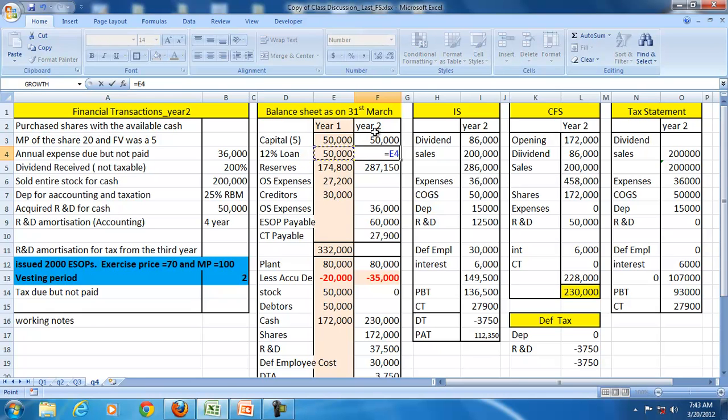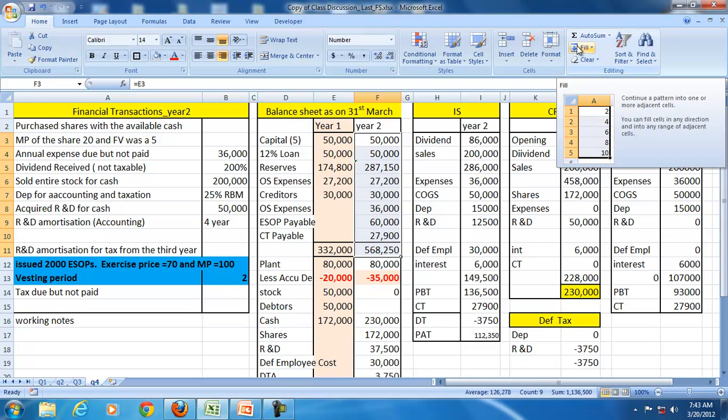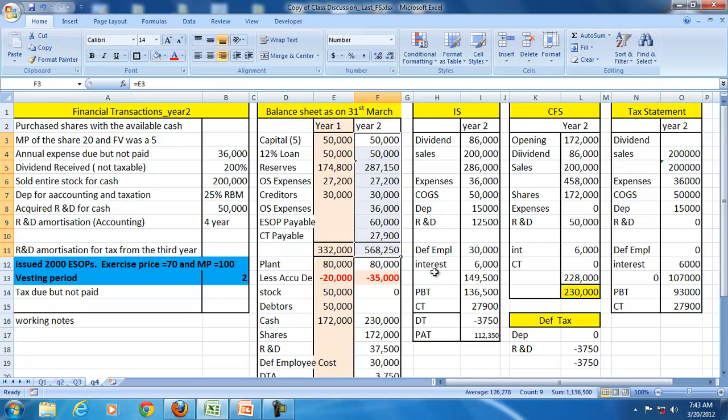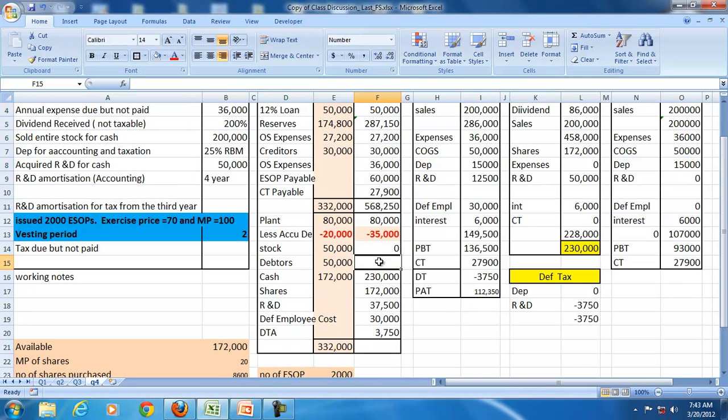No change in the capital, no change in the loan, no change in the outstanding expenses, no change in the creditor. The total of the sources are 568,250.